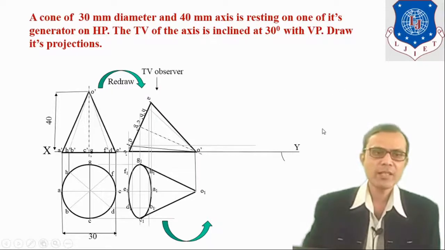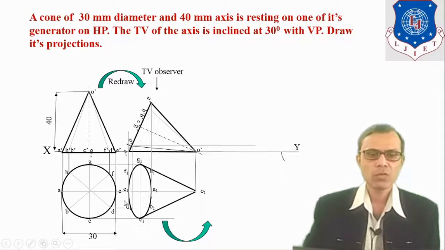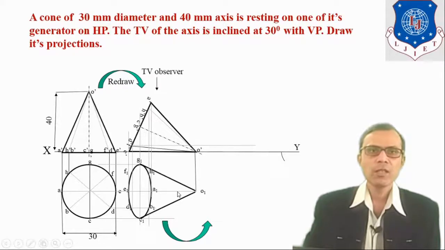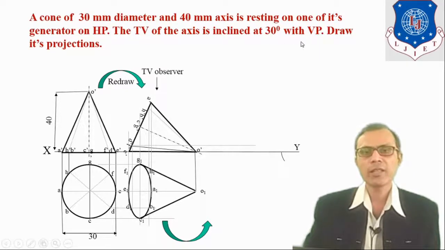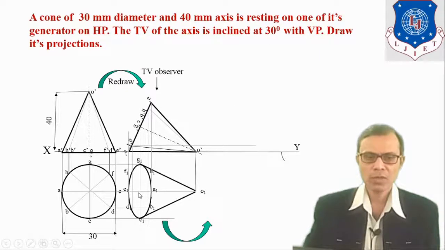Now the final stage condition is that the top view of the axis is inclined at 30 degrees with VP. Here you can consider this point, the center point, and this other point. So it is the top view of the axis, and it is inclined at 30 degrees with VP. Considering this axis as the reference, now redraw this view over here by applying the given condition of 30 degrees with VP.